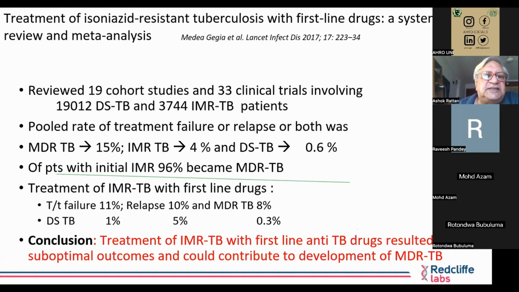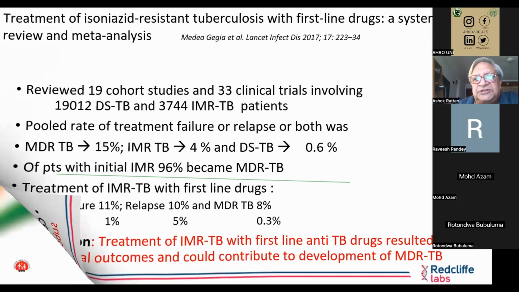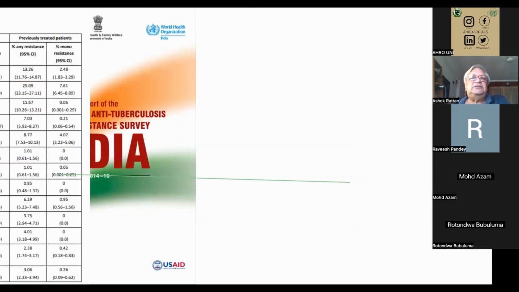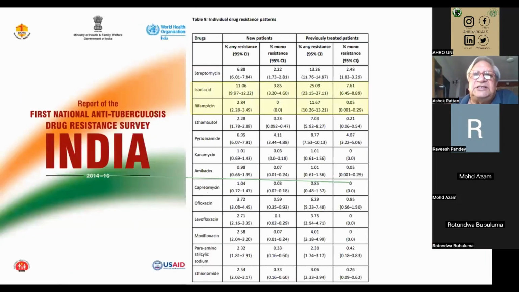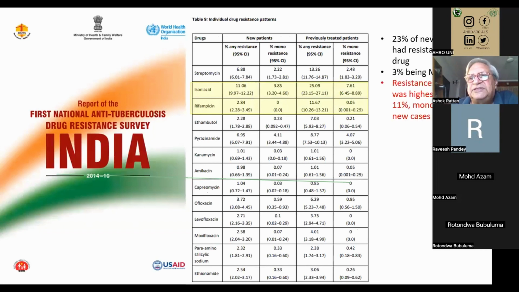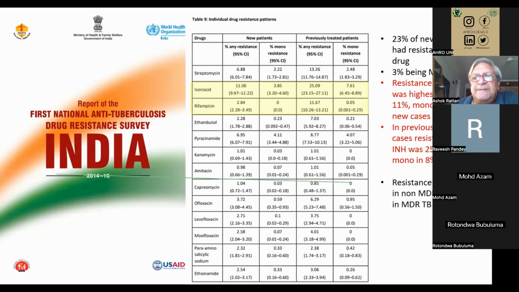And a meta-analysis indicated that treatment of INH monoresistance with first-line treatment resulted in suboptimal outcomes and could contribute to development of MDR tuberculosis. In India, it's been noticed that resistance is about 20% or so, 23% or so in the isolates.